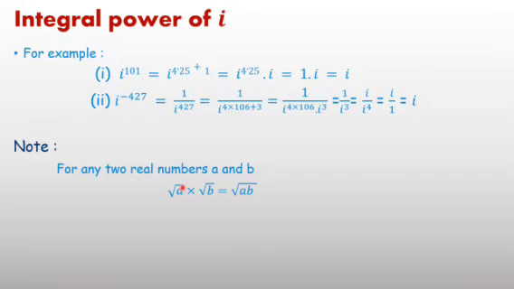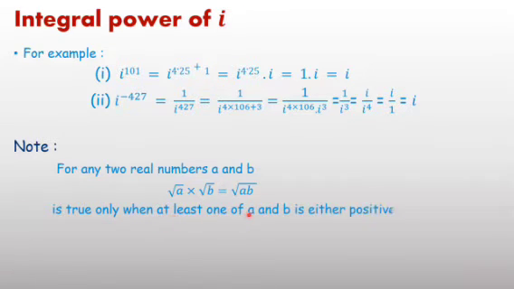If two numbers a and b are given, then root a into root b equal to root ab. All of you know this. Just think. It is not applicable for all real numbers. It is true only if at least one of a and b is positive or 0.